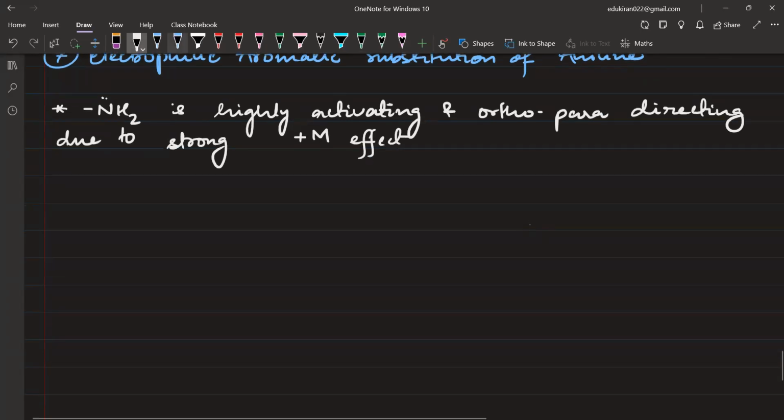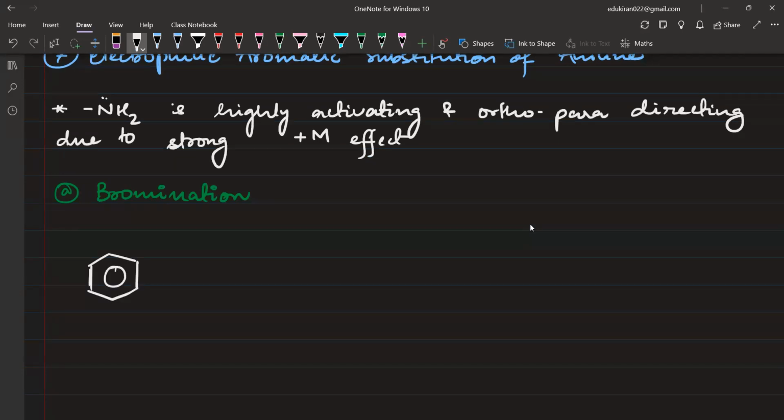Now the first reaction that we have to study is bromination. In bromination, we'll have a benzene ring attached with NH2.